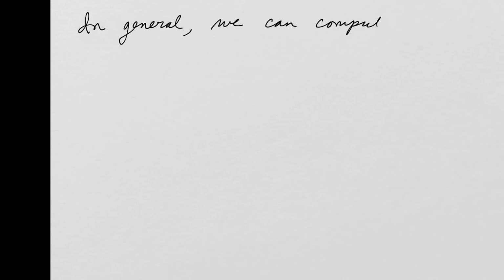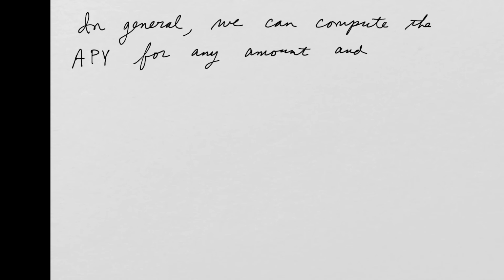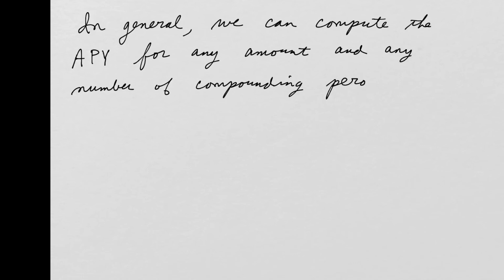So in general, we can compute the APY for any amount and any number of compounding periods. Well, how do we do that?